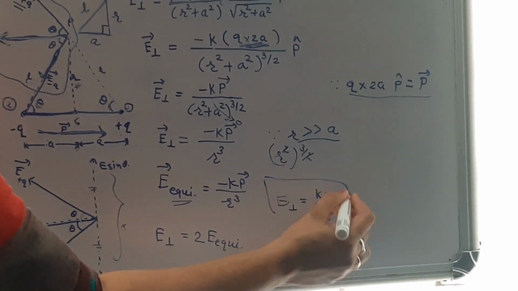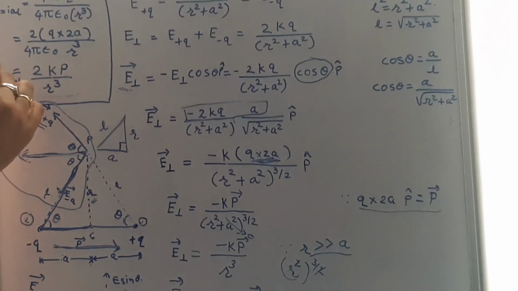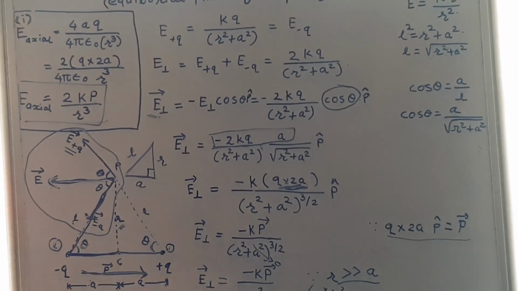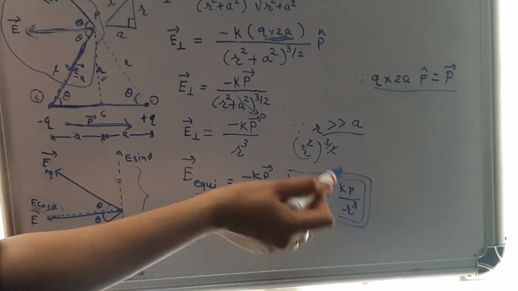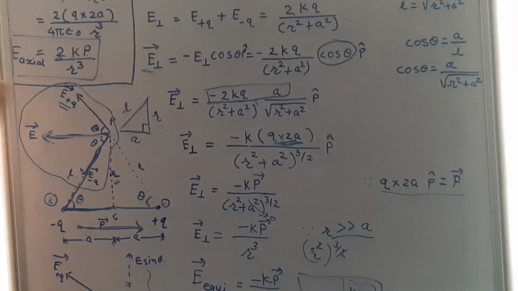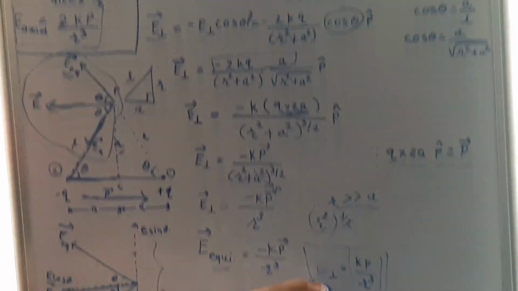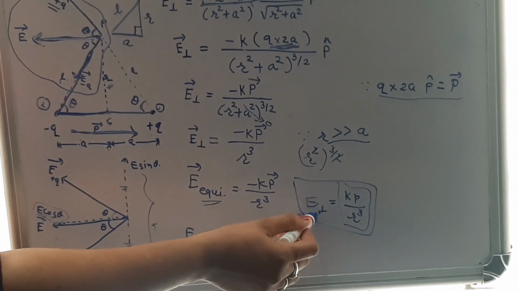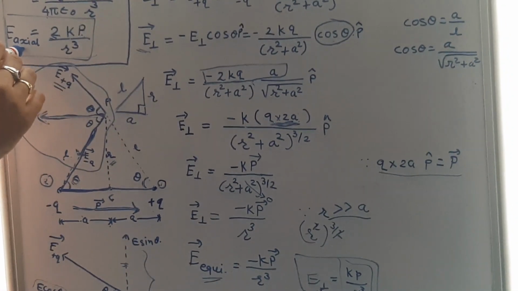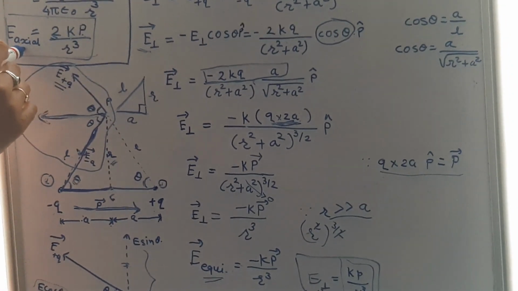And see, what is the difference between this and this? E axial and E perpendicular. See, kp upon r cube is there, here also kp upon r cube is there. What is the difference? 2. Means what? The electric field at the equatorial plane due to a dipole is less than the electric field on the dipole axis.